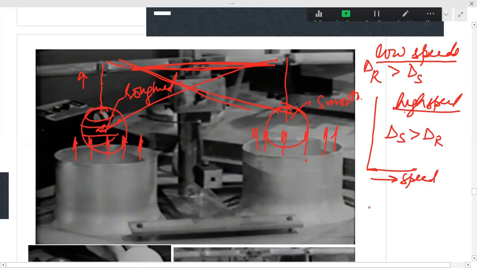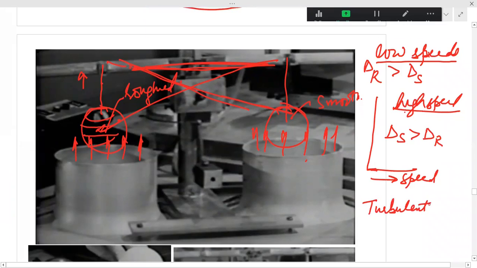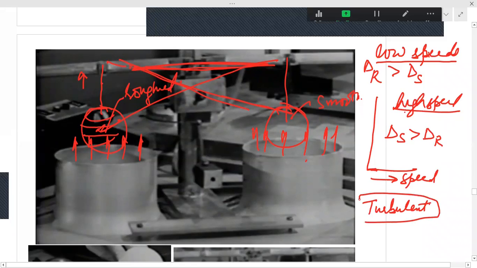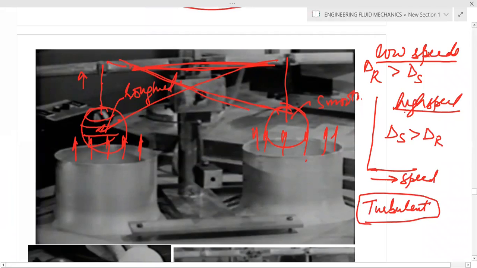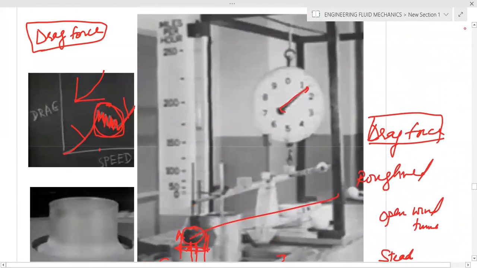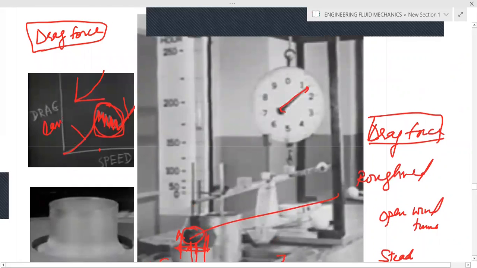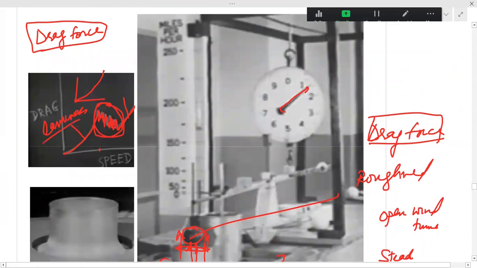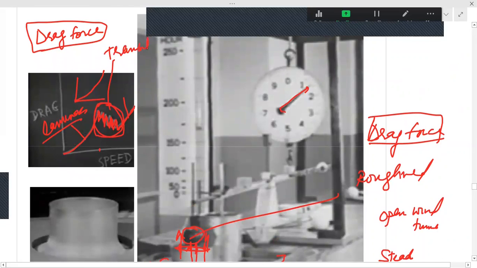So you have given a hint that it is due to turbulence. सर समझ गया सर. जो पहला केस था उसमें भी टर्बुलेंस प्रोड्यूस हो रहा होगा. किसमें? इस वाले केस में. हाँ, इस वाले केस में भी. I am again giving you a hint. This was actually the laminar region. This was the transition region and this was the turbulent region.